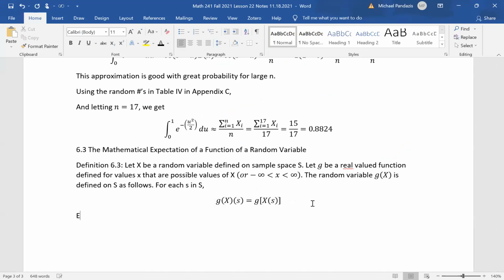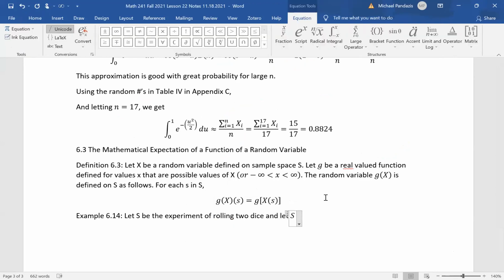So hopefully it does. So this is example 6.14. Let capital S be the experiment of rolling 2 dice, and let S equal the set of all i comma j, such that i is from 1 to 6 and j is from 1 to 6.